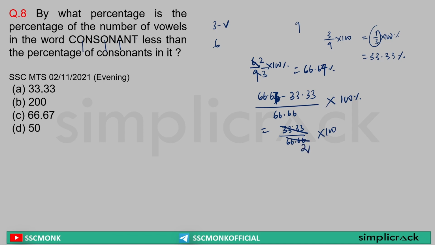This can be a multiple of 2. So this is 1 by 2 into 100%, or simply I can say 50%. So the percentage of number of vowels in word consonant is 50% less than the percentage of consonants. That is option D. Clear? Next.